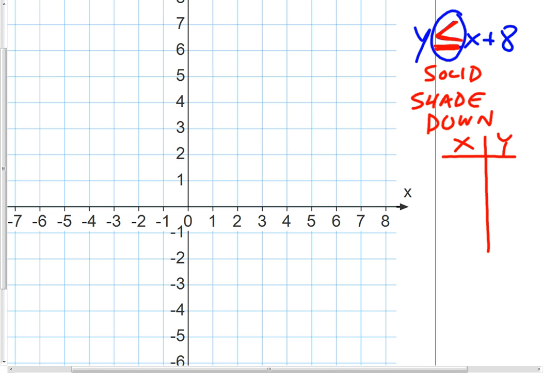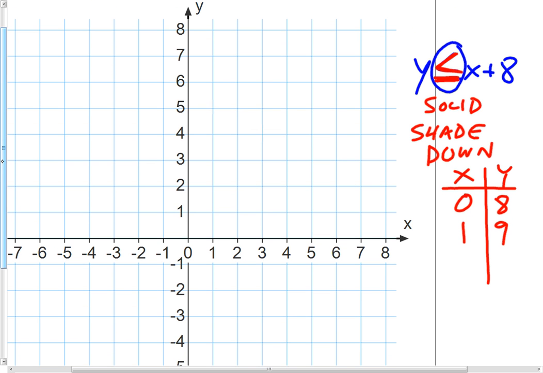We have to make the line first. 0, 8, 1, 9. Those are two numbers that'll work. You can put this in your calculator to get those points. 0, 8. This is solid.